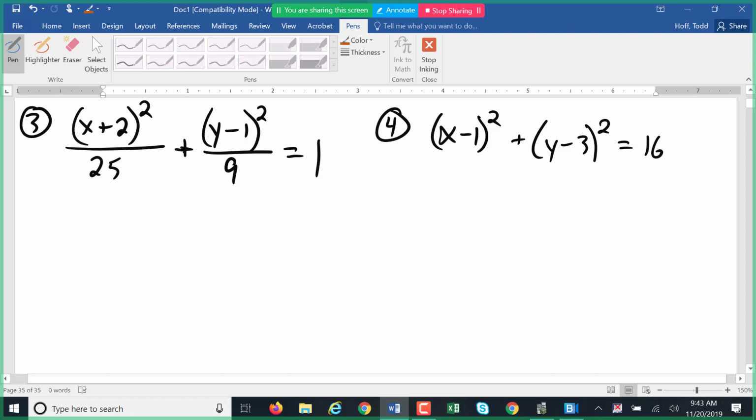Number 4 is kind of obvious. It's the only one where the x and the y aren't divided by anything. And it's the only one where we have both x and y squared, and the opposite side here is not a 1. We know that number 4 there is a circle.